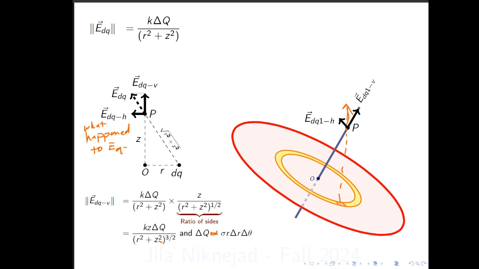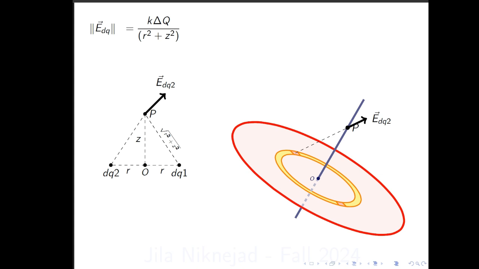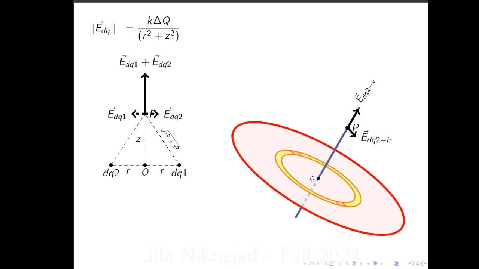We have to remember that there is a symmetrical piece of charge, a small infinitesimal piece of charge, and the field that other symmetrical component creates has the same magnitude of horizontal component in the opposite direction. And so the horizontal components, pair by pair, cancel each other out.